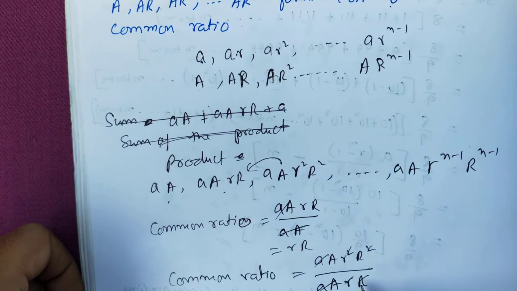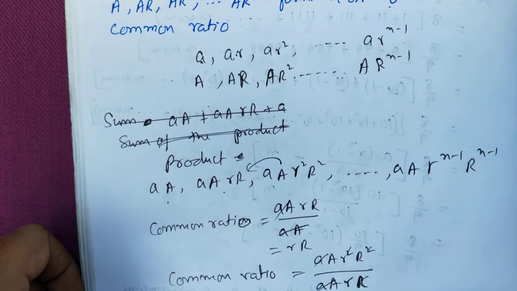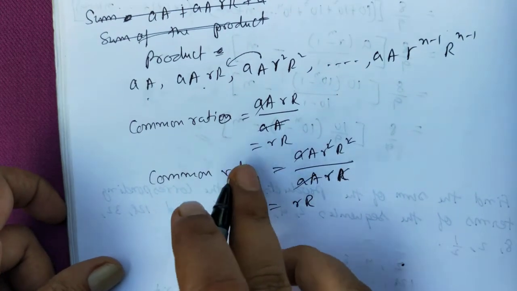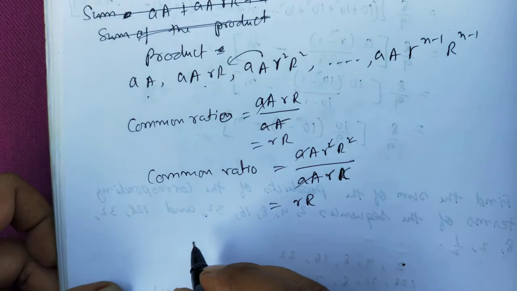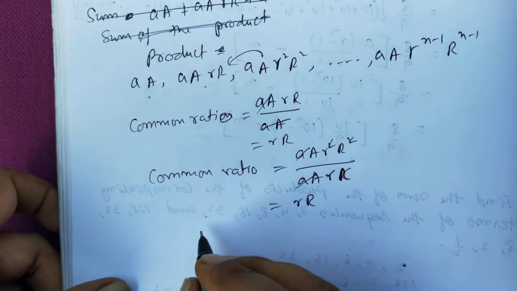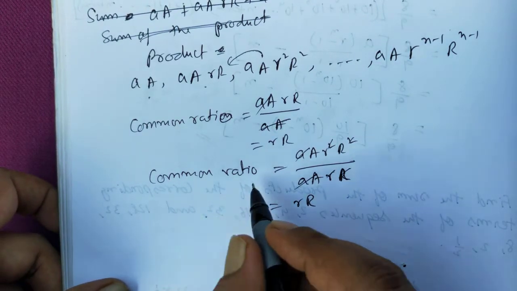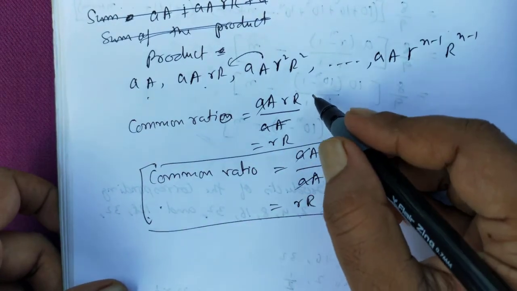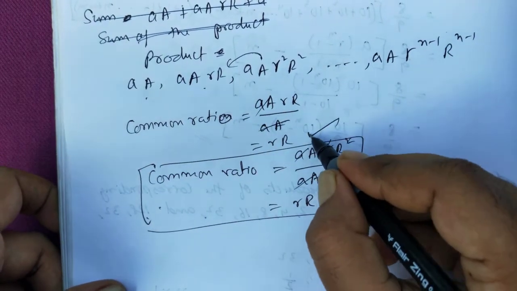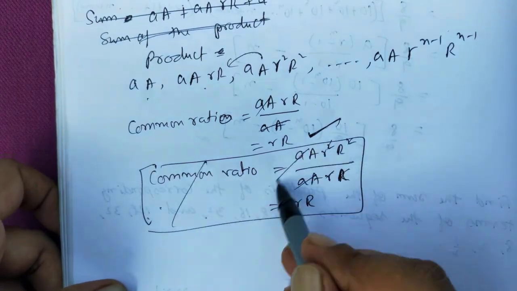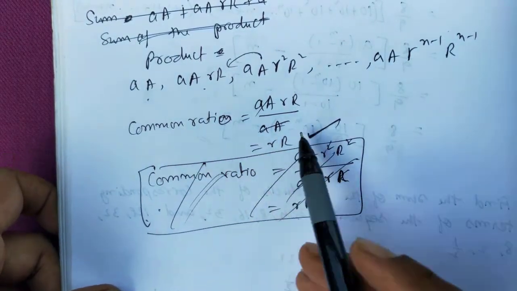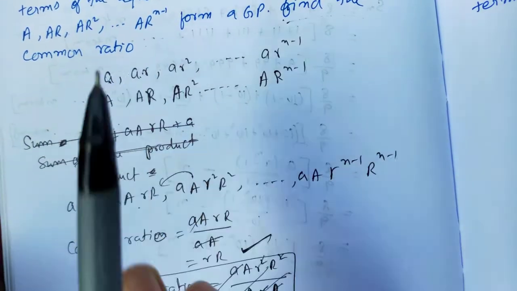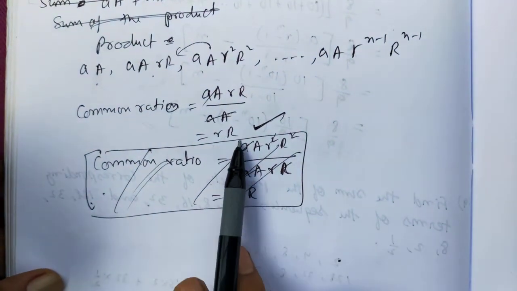We can cancel 1. We're getting R. So common ratio is coming always same. So they are in GP. Sorry, you are going to find only the common ratio. Since they are in GP, the common ratio is this one. Finish. Find the common ratio only. So common ratio is R square.